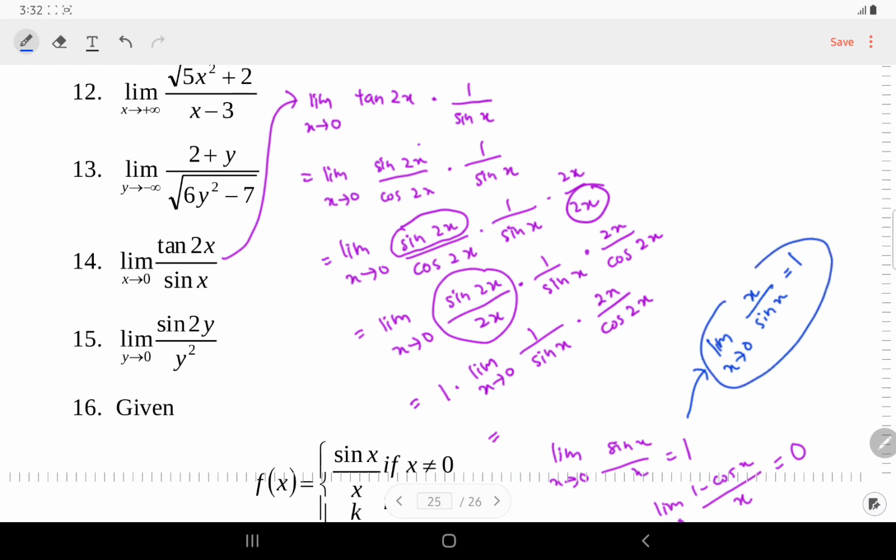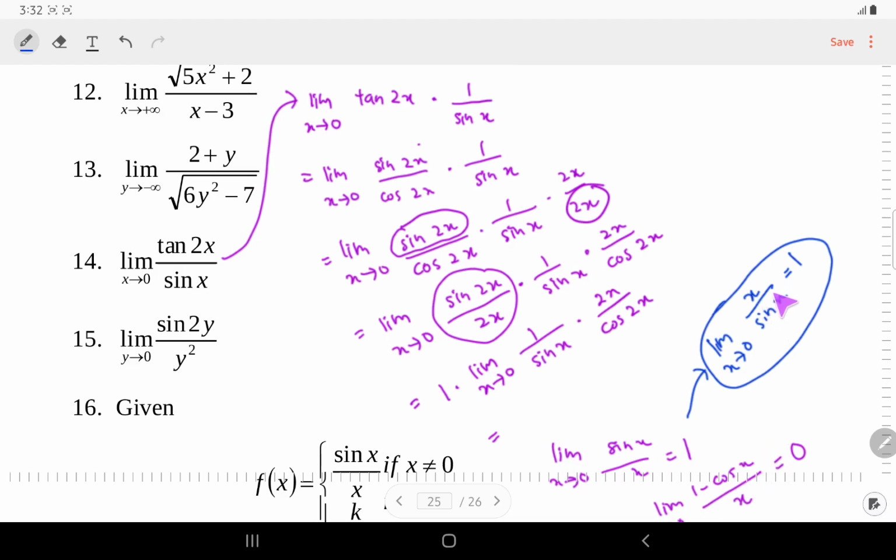Untuk yang ni ada certain buku, kalau awak refer textbook, ada certain buku dia kata kalau yang ni limit x approach to 0, function ni kita terbalikkan x divided by sin x, it also will be equal to 1. Tapi yang ni tak boleh terbalikkan, yang ni saja.